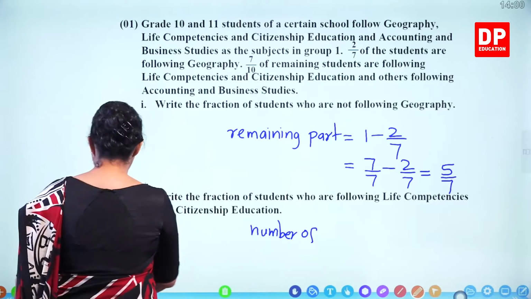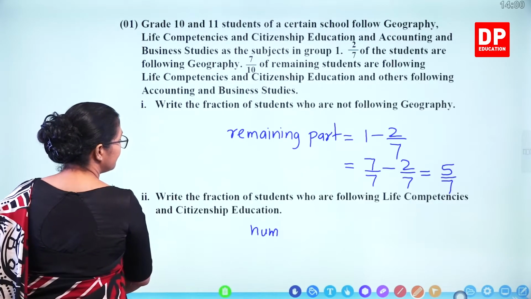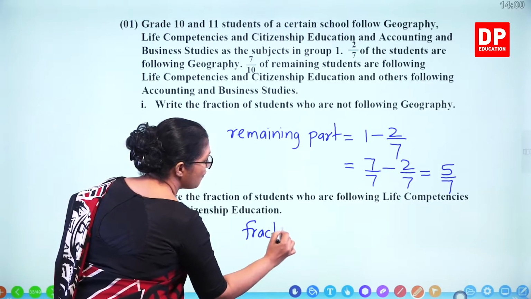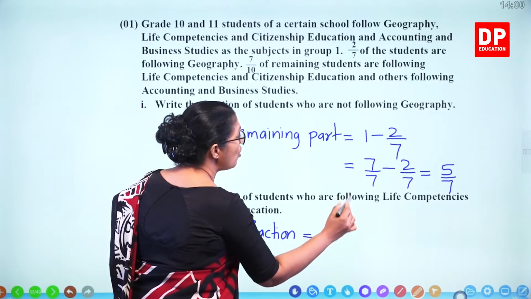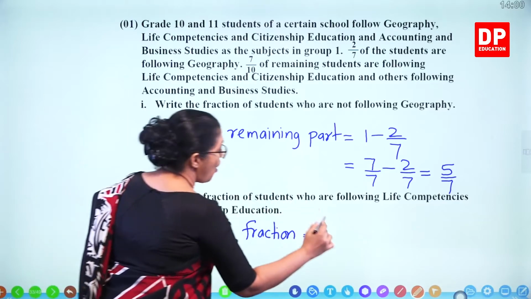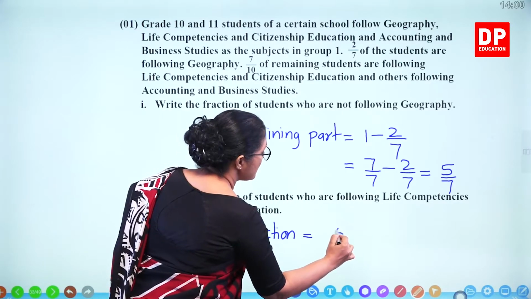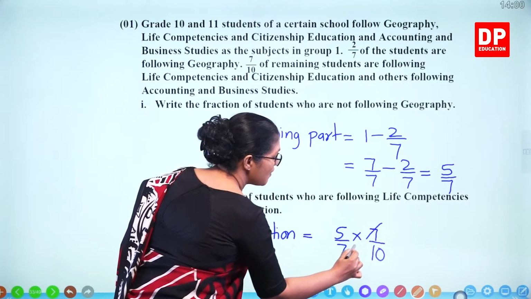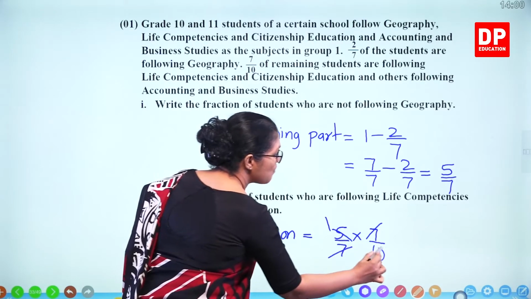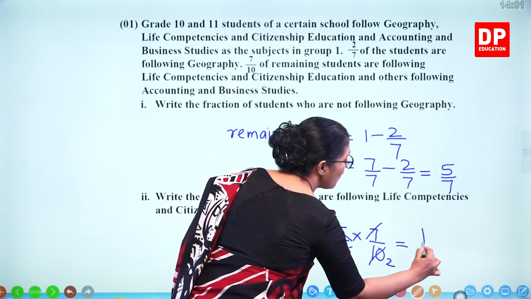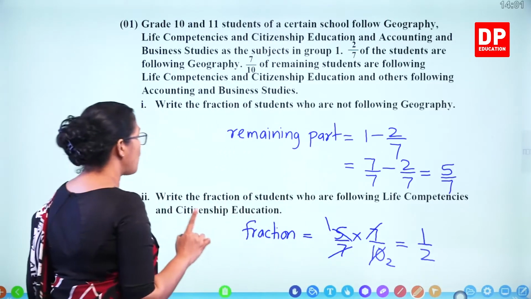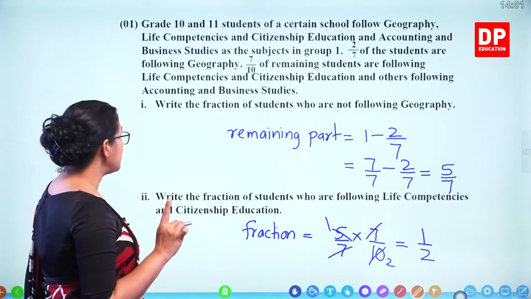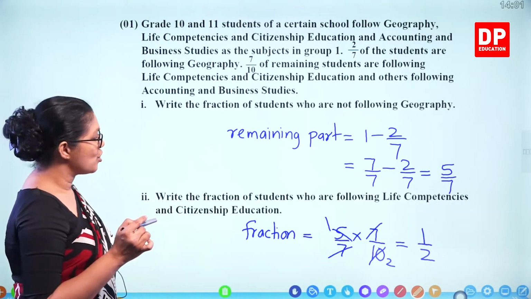This is a fraction. So the fraction is equal to the remaining part 5/7, out of that 7/10. So 7 gets cancelled out, 5 times 1 and 5 times 2, that's half. Half of the students follow life competencies and citizenship education.